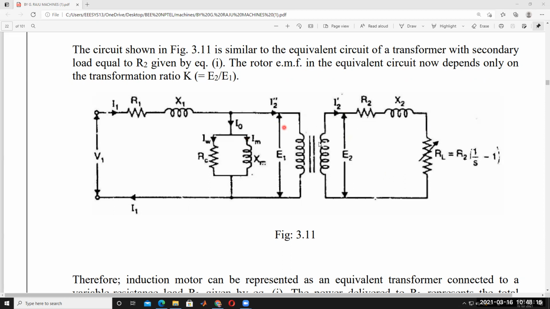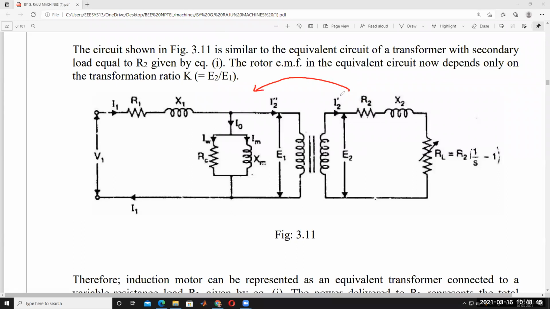When it is referred to the primary side, the equivalent circuit parameters are referred to the primary side. How do we transfer the secondary elements to the primary side? By using the concept of multiplication by K squared or division by K squared. How do we convert these secondary side elements into the primary side?